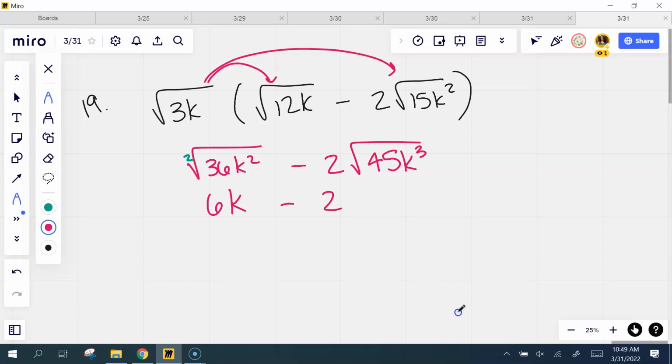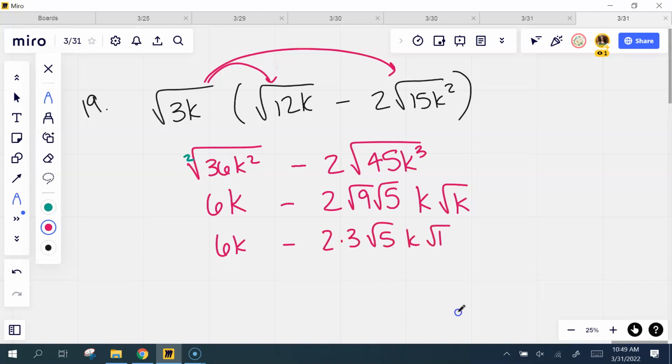Minus 2, how about 45? Does it break up? 5 and 9, that's exactly right. So I got 9 and I got 5. And how many times does 2 go into 3? How many is left? So this stays 6k. 2 times 3 times the square root of 5 times k times square root of k.